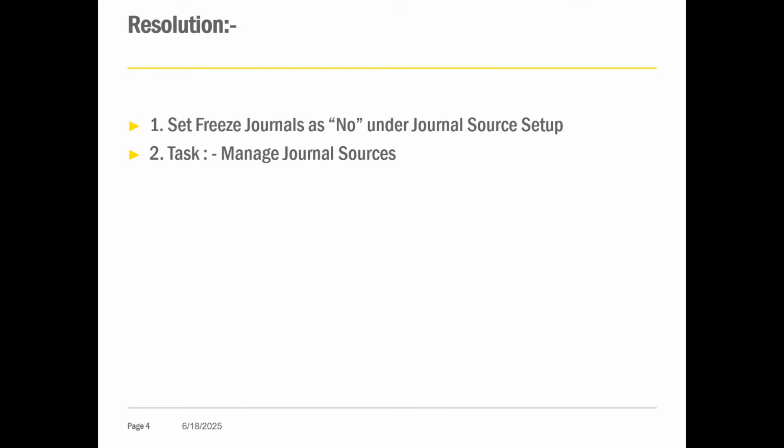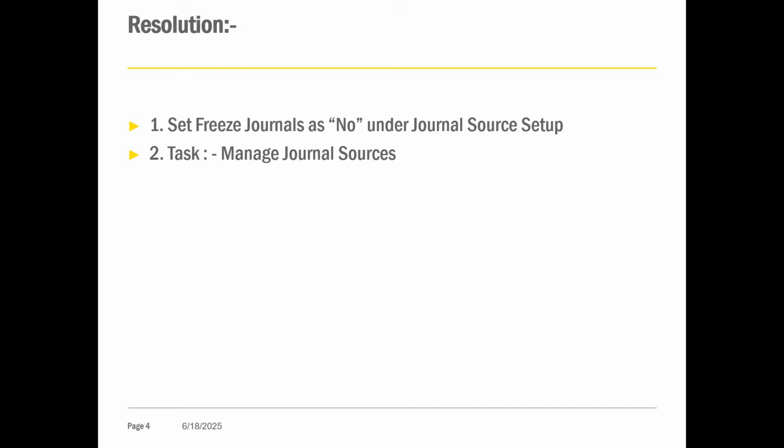It makes sense generally for journals coming from external systems or subledgers. Generally the free journals option should be set as yes, because we do not go for any kind of approval for those journals. For manual or spreadsheet journal sources, the free journal option would be set to no, whereas for other sources it will be set as yes.